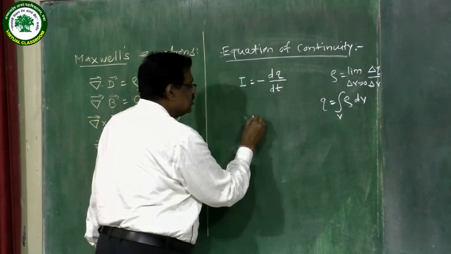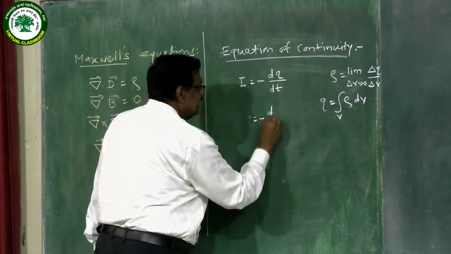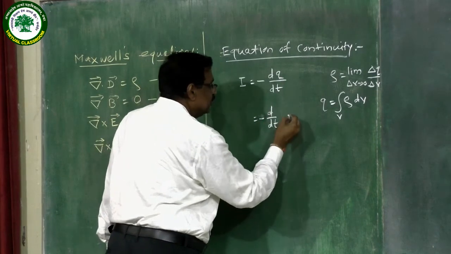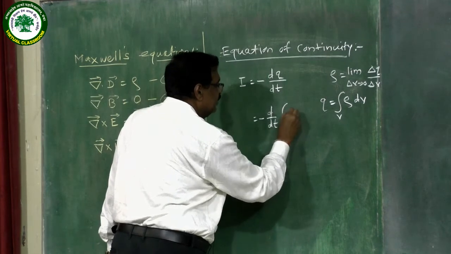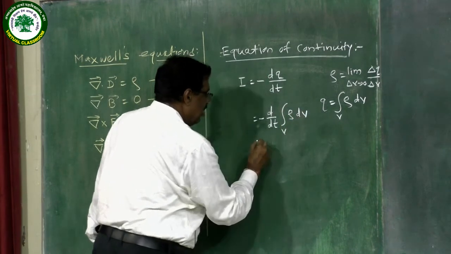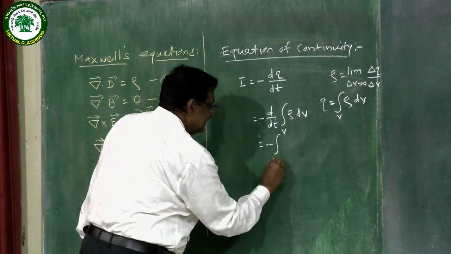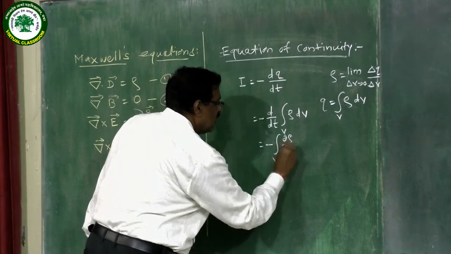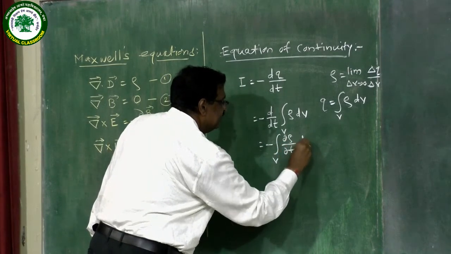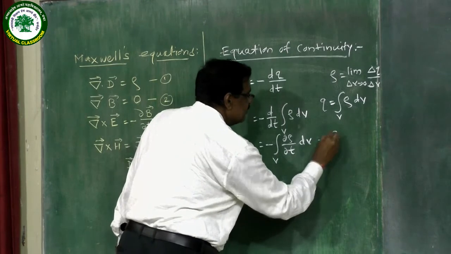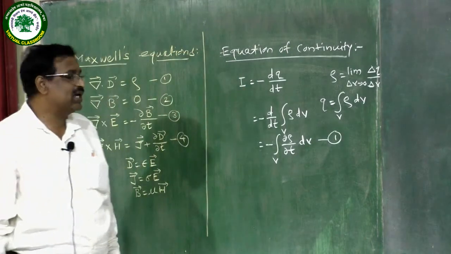So this equation can also be written as minus d by dt of Q, where Q is the integral over V of rho into dV, or minus integral over V of partial rho upon partial t into dV. So this is the equation for current, and this current can be expressed in terms of charge density rho.